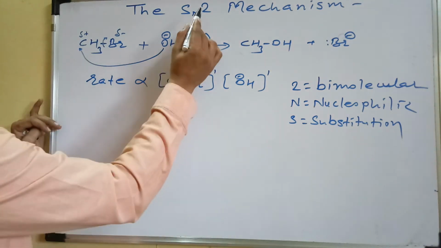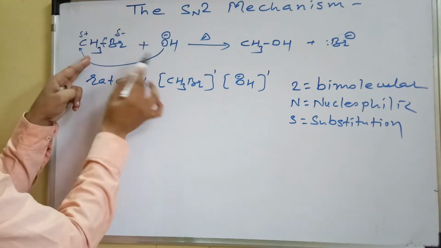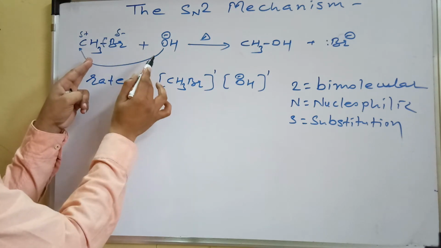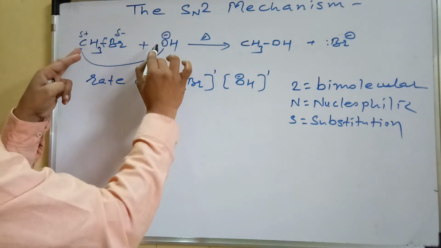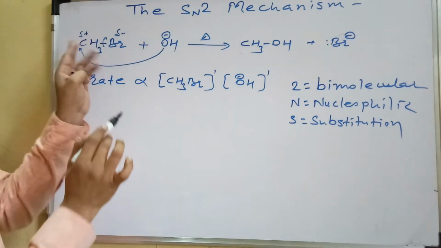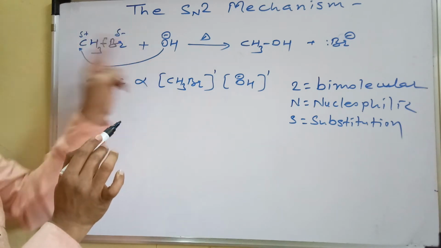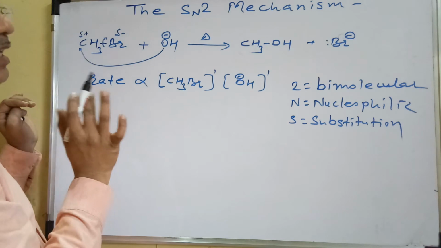That means this is a bimolecular nucleophilic substitution reaction. Two molecules participate in the reaction, that's why it is called bimolecular. Nucleophilic means the nucleophilic attack took place on this carbon, and that time this Br, a good leaving group, is replaced by the OH. So this is called a nucleophilic substitution reaction.